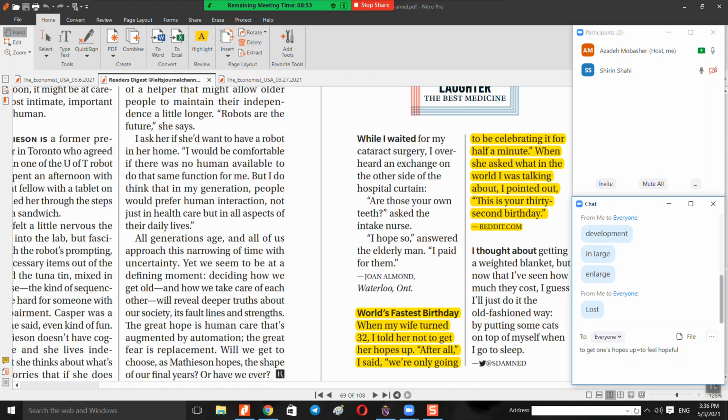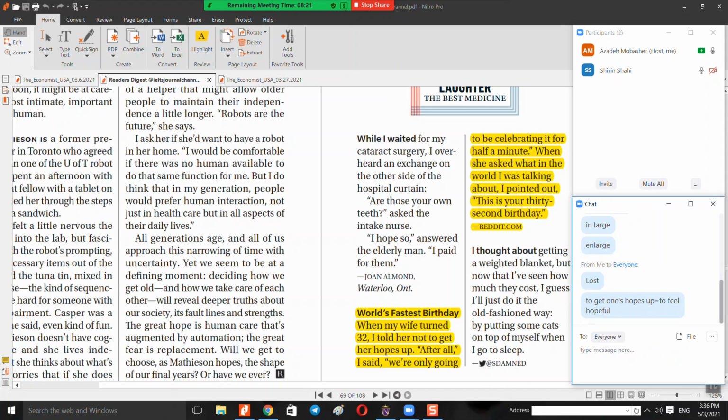Not to be disappointed? No, it's misguiding. It means the exact opposite. Because it's negative. To get one's hope up means to feel hopeful. Not to get one's hope up means not to feel hopeful. Not to be disappointed or not to be hopeful. Yes, I got it. Not to feel happy, yes.